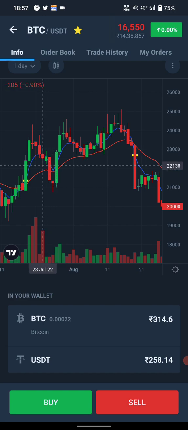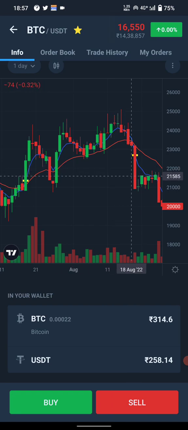So in simple cases, you can use EMA cross 5 20 and take a buy position based on its indication, and take a sell position based on its indication over here. And if you want to be safer, we're going to look at EMA with PSAR, parabolic stop and reverse, in future also.